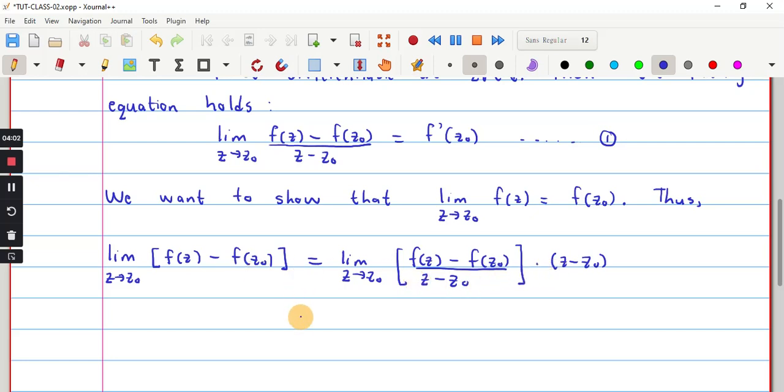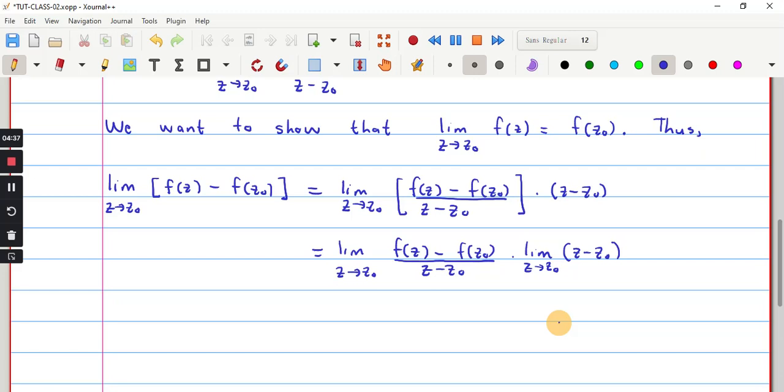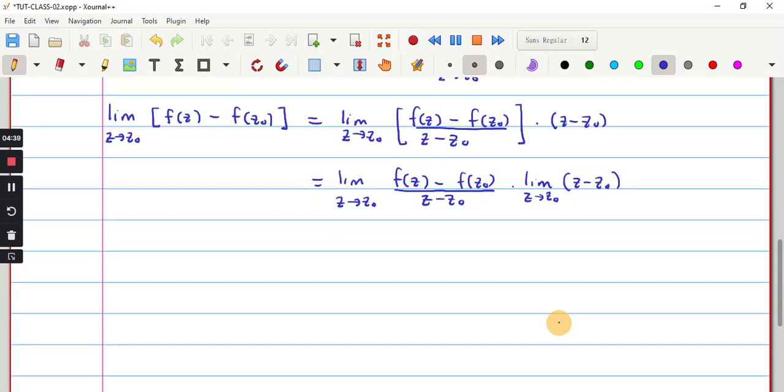This is the same as the limit as z approaches z0 of f at z minus f at z0 all over z minus z0, times the limit as z approaches z0 of z minus z0. That's the property of a limit: the limit of a product is the same as the product of the limits.